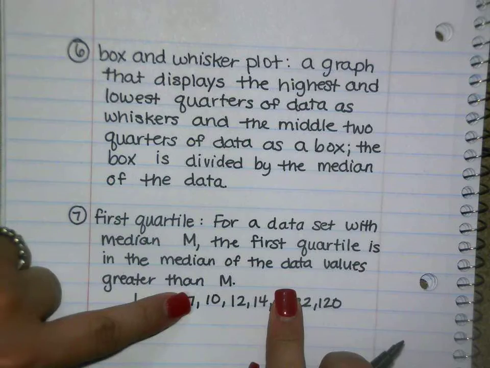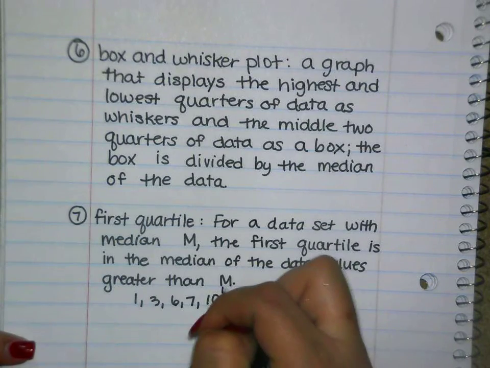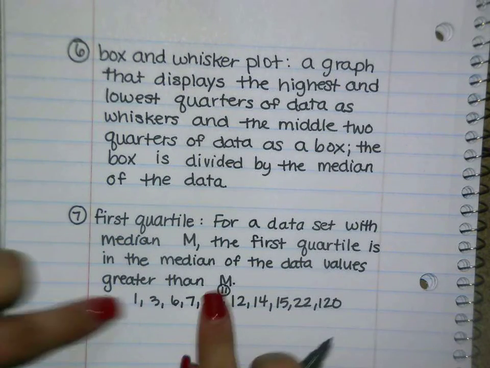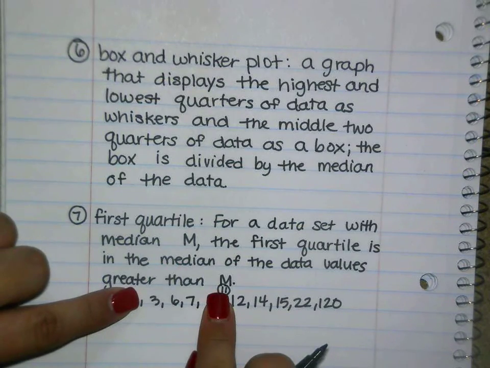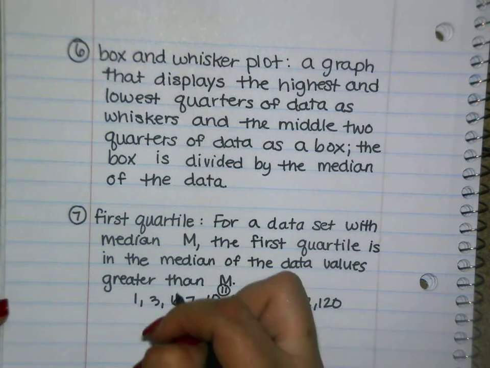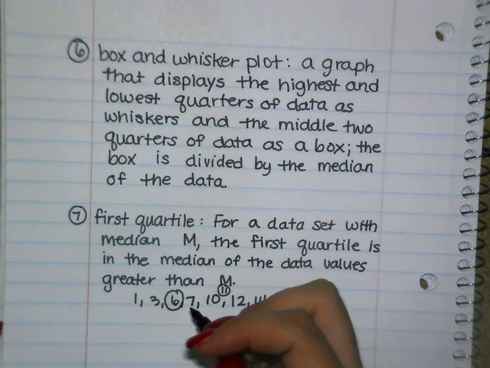The middle of the data on the lower side gives us the first quartile, which is 6. It's the median of the data that is less than the median of the original set.